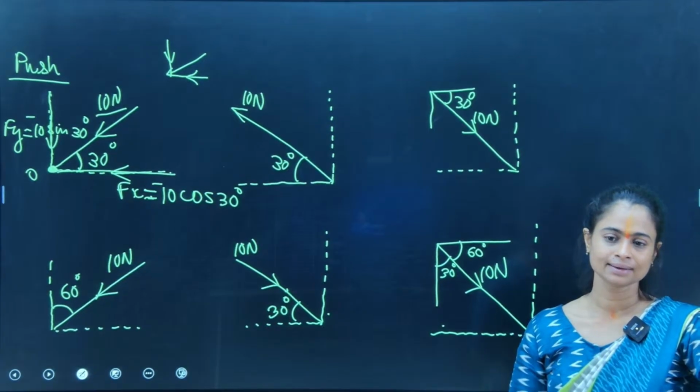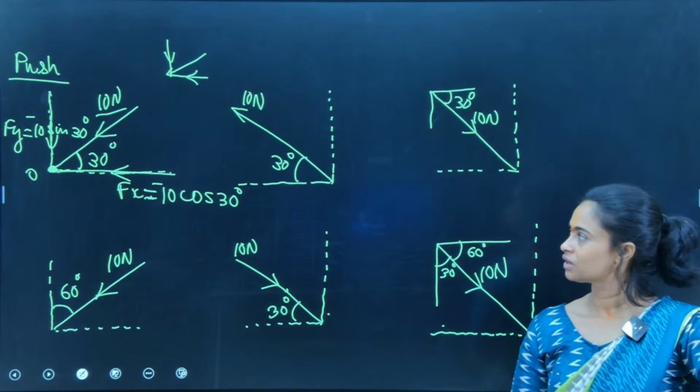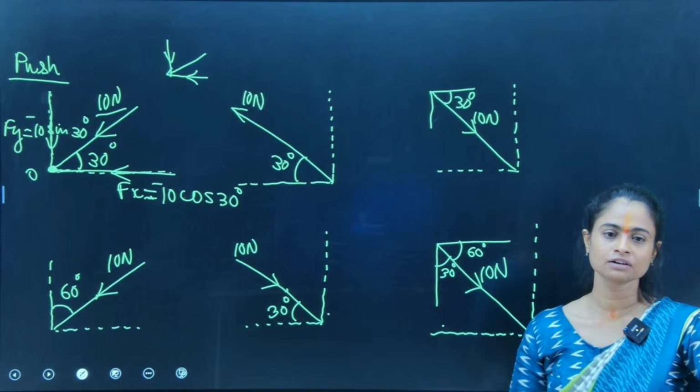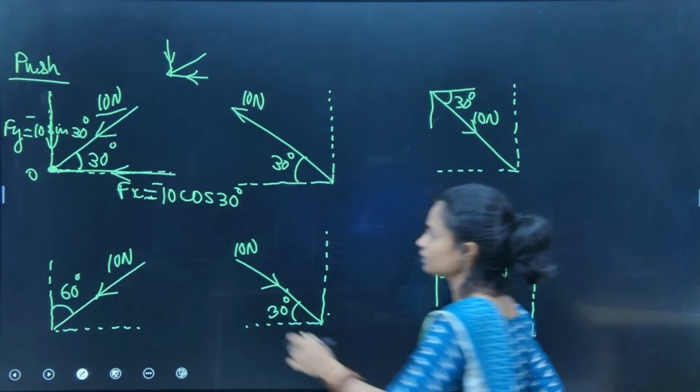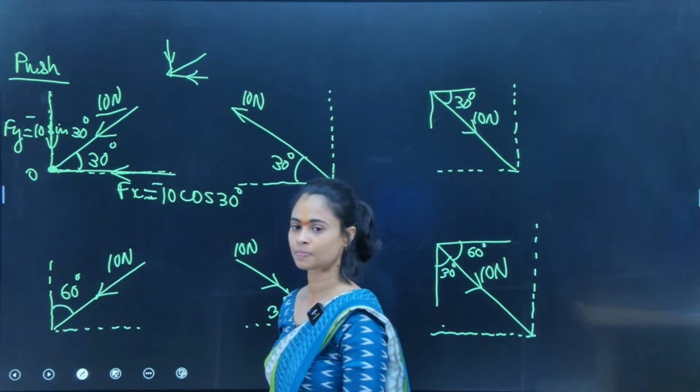If acting leftward and downwards, take negative. And see where the theta is, with the horizontal or the vertical. If you keep these two things in mind, you can resolve any inclined forces without making any mistakes, right? Is this clear for everyone?